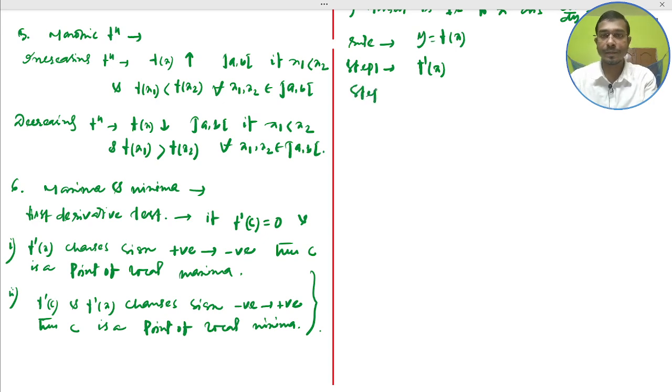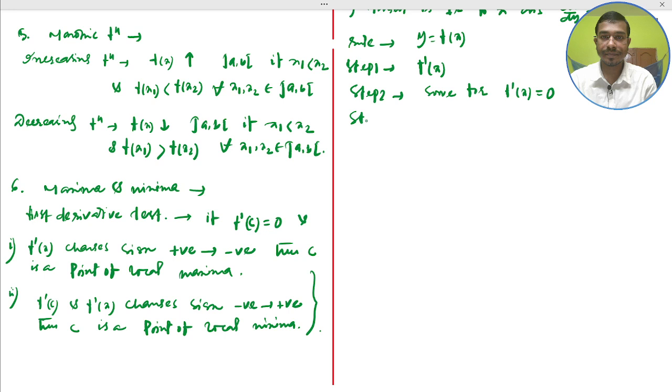Step 2: solve f dash x equal to 0. Let its roots be a, b, c. Then these are the candidates of maxima and minima.